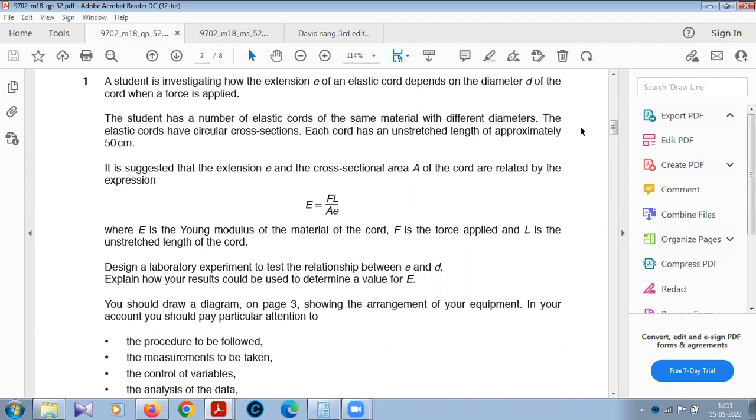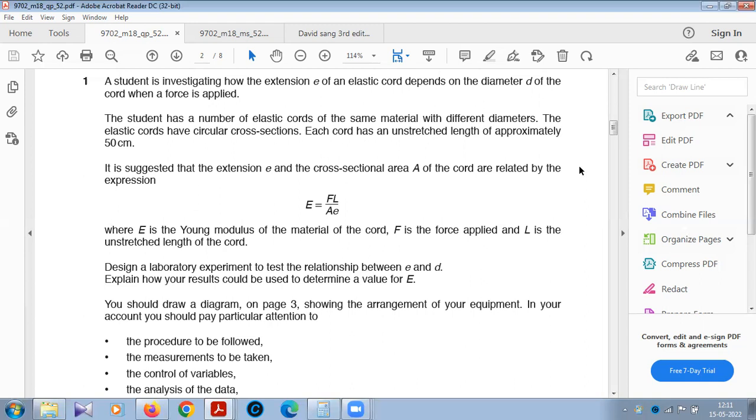Each cord has a length of approximately 80 centimeters. It is suggested that extension E and cross-sectional area A of the cord are related by the expression E equal to F into L upon A into E, where E is the Young modulus of the material, F is the force applied, L is the unstretched length of the cord.